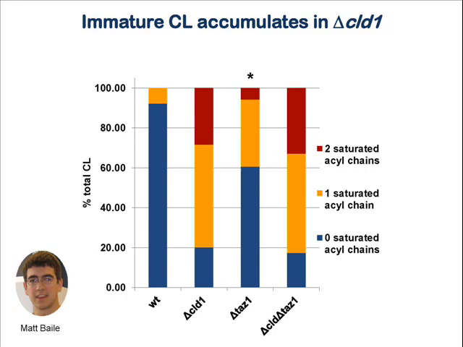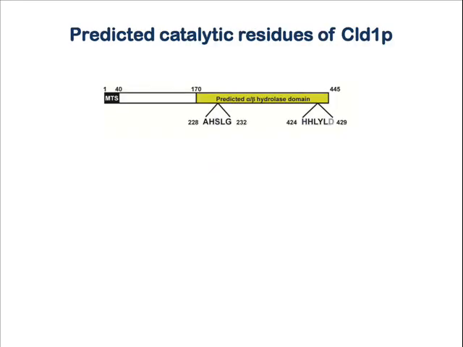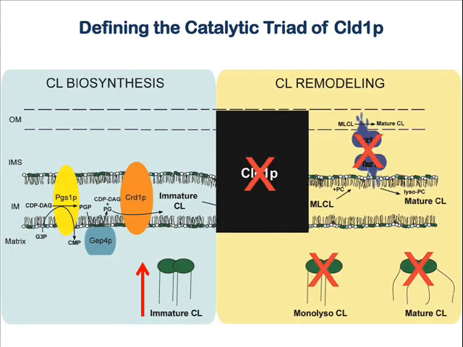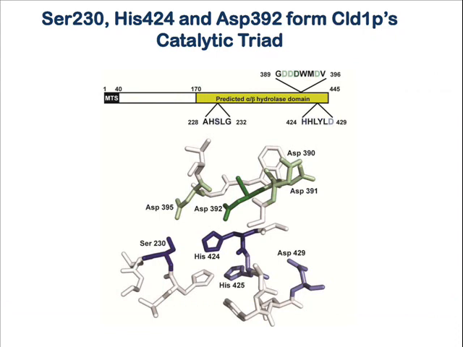Some type of lipase or phospholipase comes in and cleaves off an acyl chain, generating monolysocardiolipin. And then tafazzin transacylates, using other lipids as the source of acyl chain to convert monolysocardiolipin back to cardiolipin.